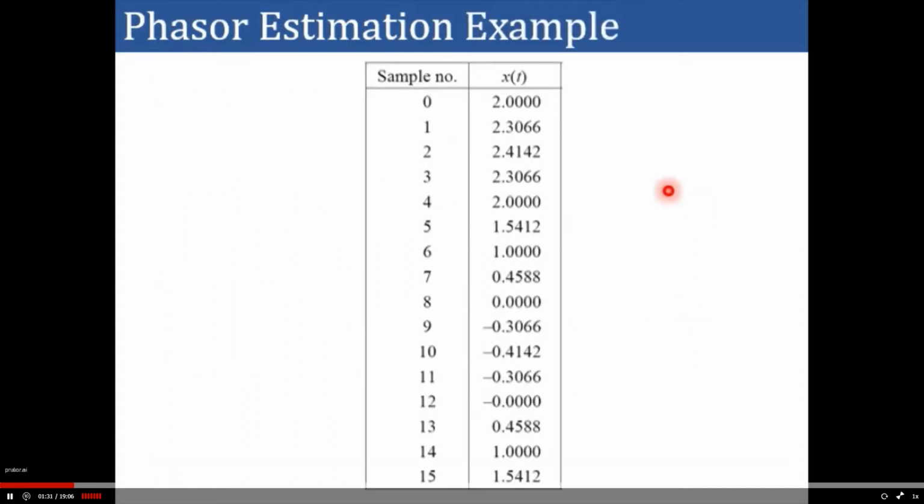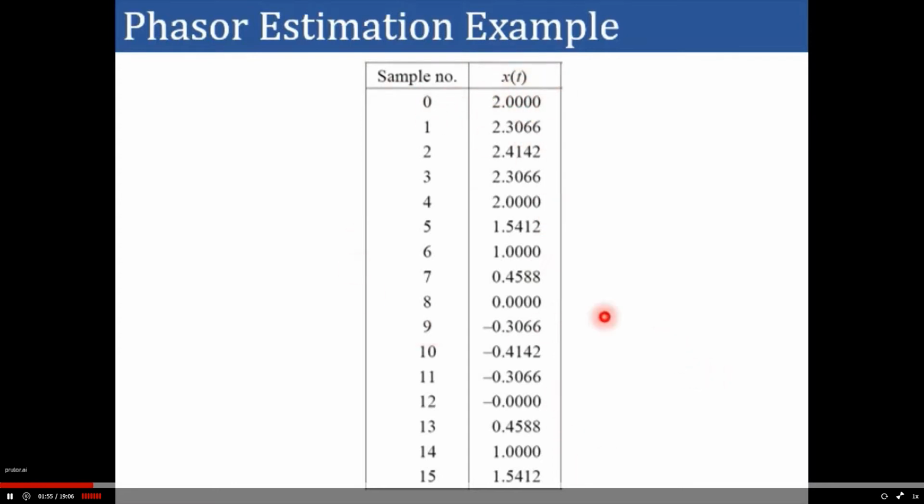Now let's take one example to understand better how to estimate the phasor with the help of the discrete Fourier transform. Suppose there is a signal which we are sampling 16 times in 1 second, and the values of the samples are as follows.